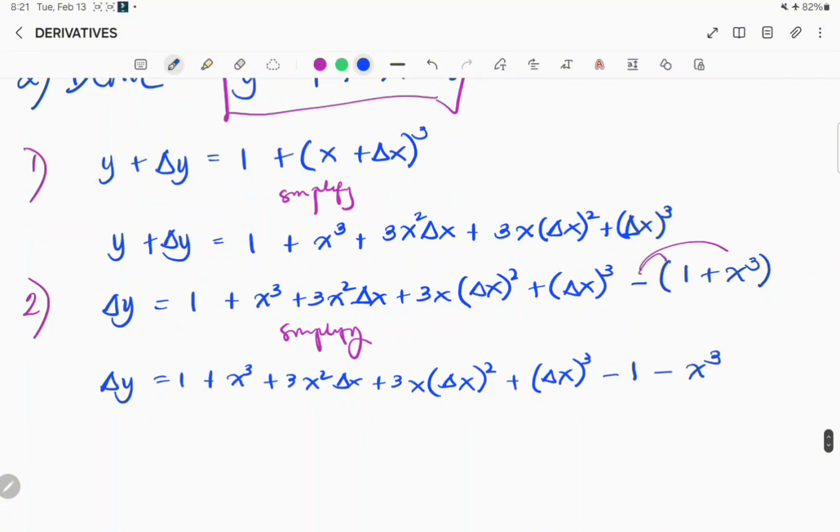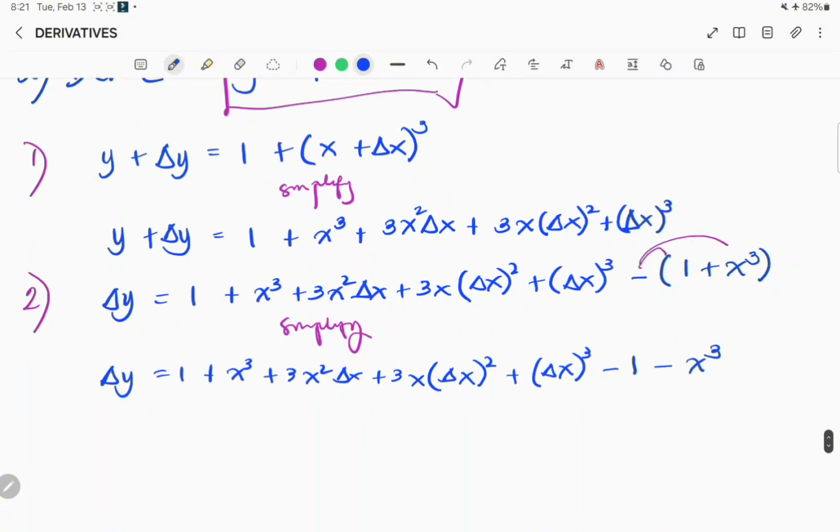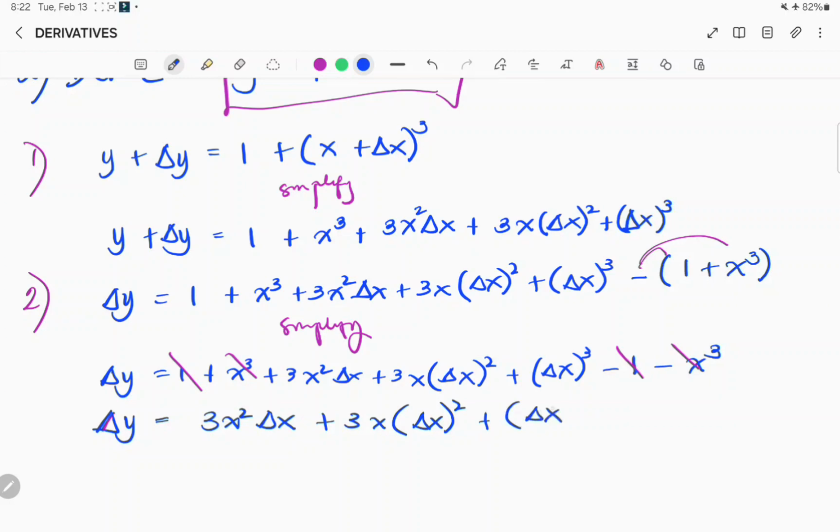And we can still simplify this by adding 1 and negative 1, and x cubed and negative x cubed. So the right side of the equation will have these three terms: 3x squared change of x plus 3x change of x squared plus change of x cubed.